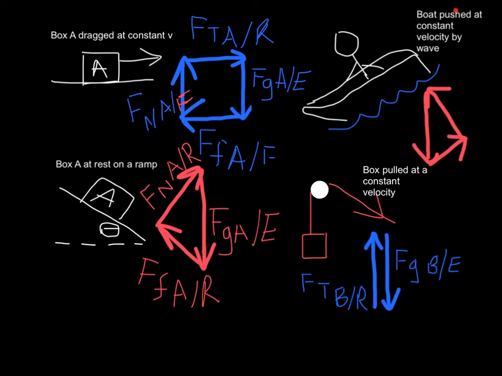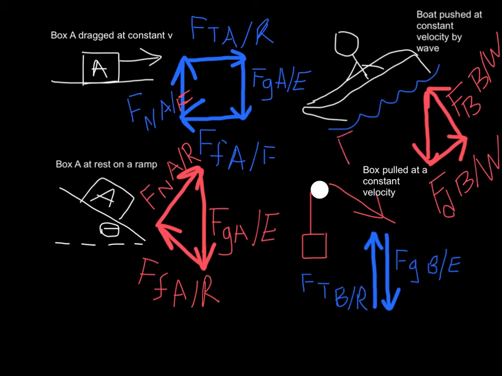Okay, here's a boat pushed at a constant velocity by a wave. I haven't written those down yet, but this is the force buoyant on the boat from the water. Here's the force drag on the boat from the water.